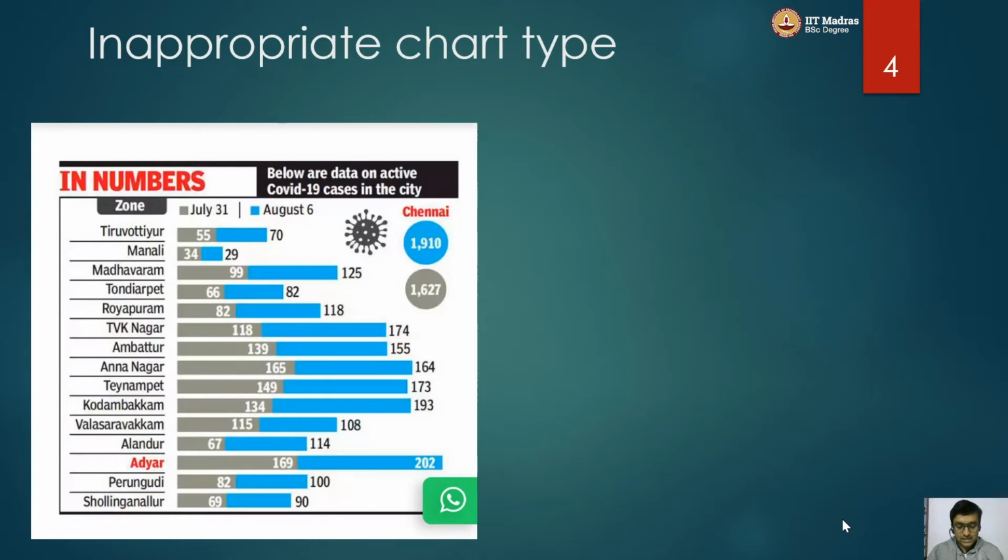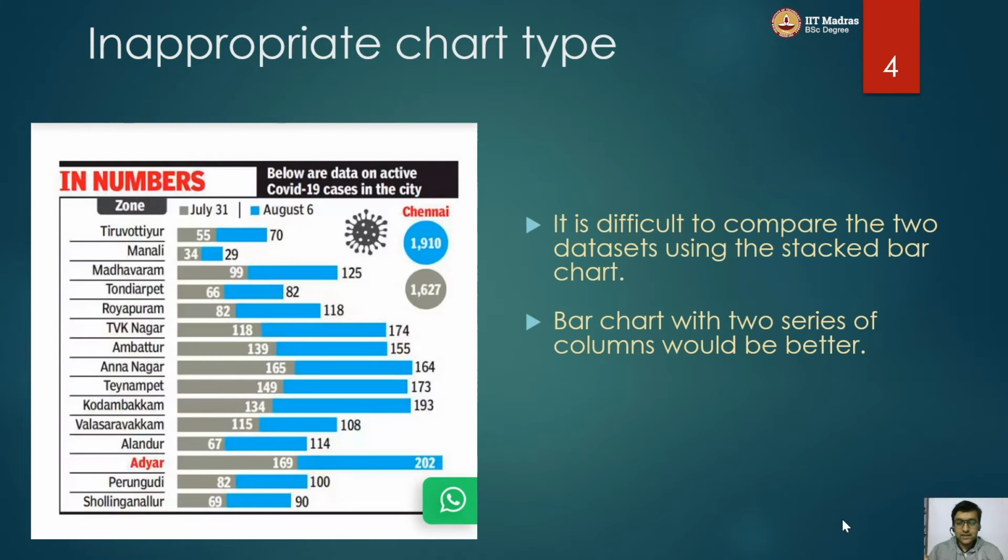However, the stacked chart is not an appropriate chart in this case because it is very difficult to compare these two datasets using the stacked bar chart, and you actually need to focus on the numeric part of every bar. So the bar chart becomes redundant here.